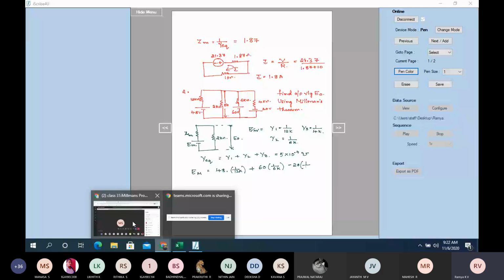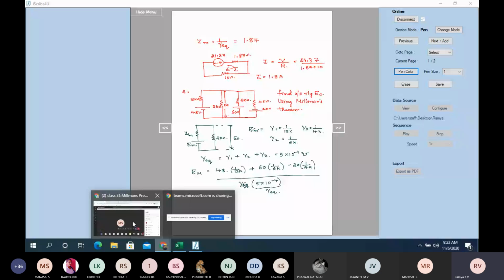The highlighting part is only this. That's why I took this problem. Divided by Y equivalent. We already know the Y equivalent value, so I will directly write it: 5 into 10 to the power of minus 4 mho. This is nothing but Y1 plus Y2 plus Y3.